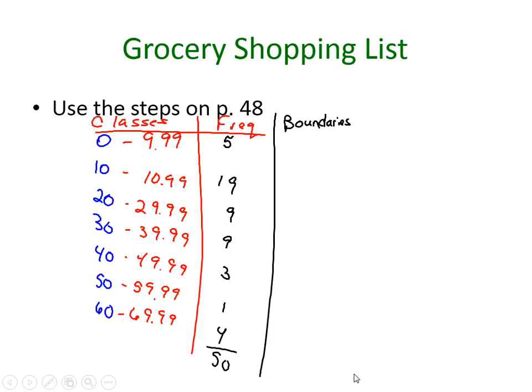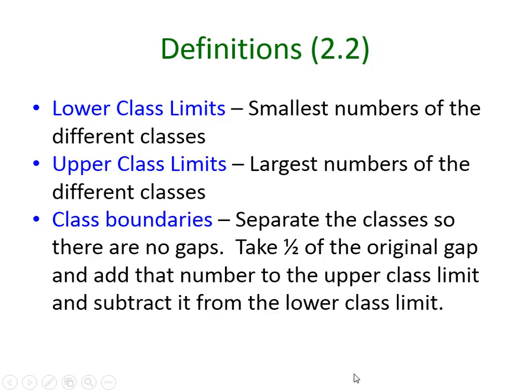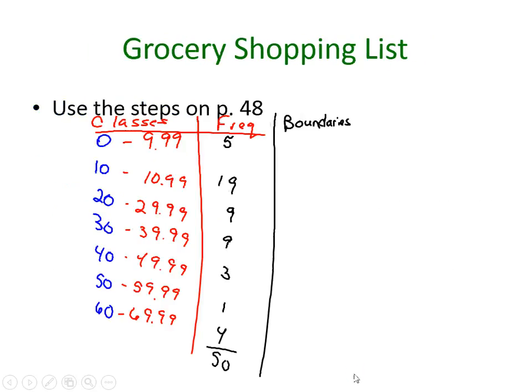Our definition from last time says to find those boundaries, it separates the classes so there are no gaps. You take half of the original gap and add that number to the upper class limit and subtract it from the lower class limit. So what is my gap? What's the gap between $9.99 and 10?